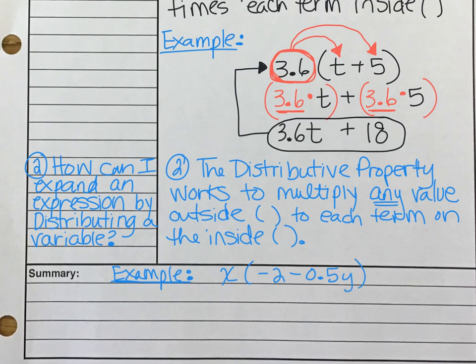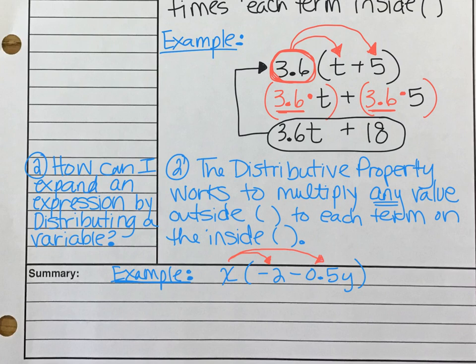You'll notice in this expression you see two different variables. X is on the outside of the parentheses, while inside the parentheses I see one term that has the variable y. We're still going to do the distributive property here, but this time what gets distributed is the x, and it will be multiplied times each piece on the inside.